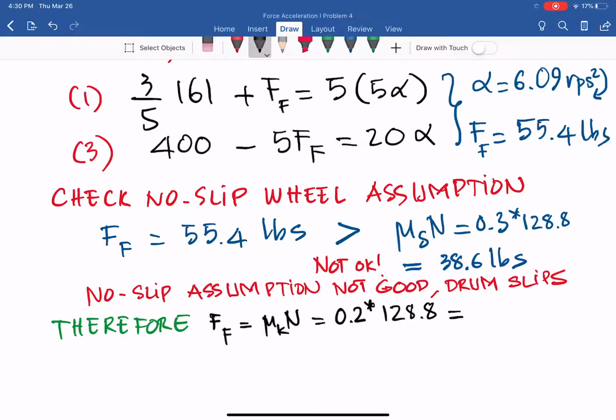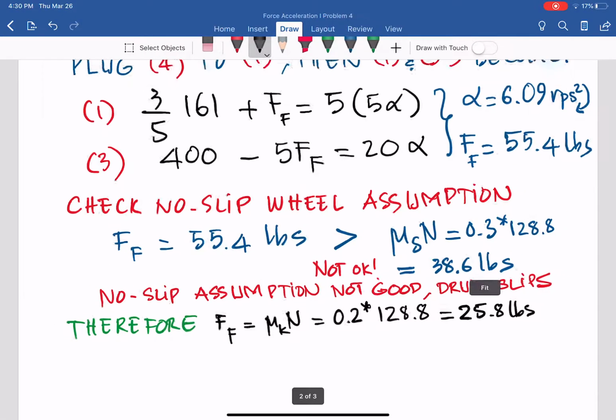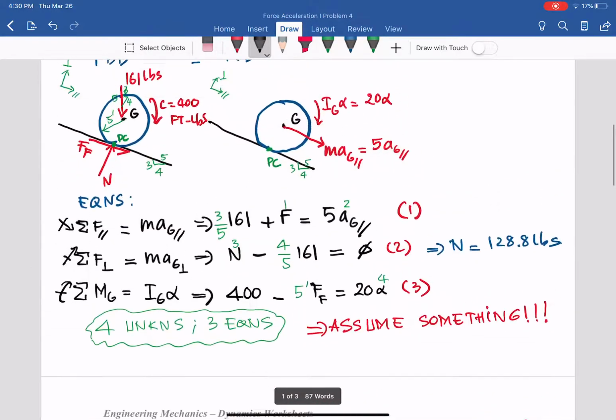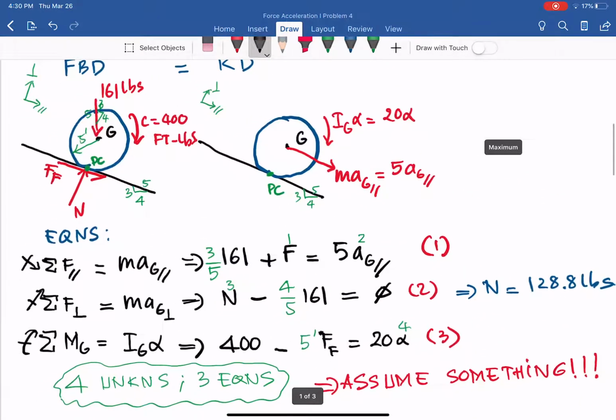So you will have 25.8 pounds. And for the wheel or the drum slipping, the direction of the friction is opposed to the motion at the point of contact.